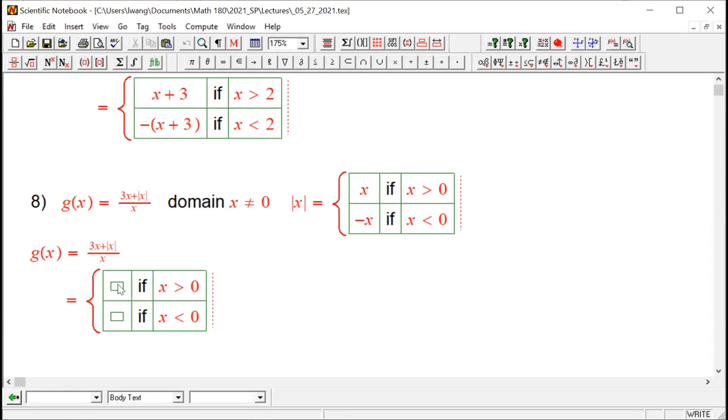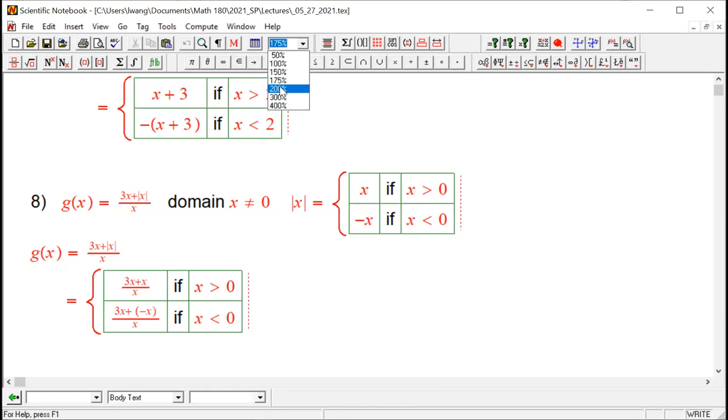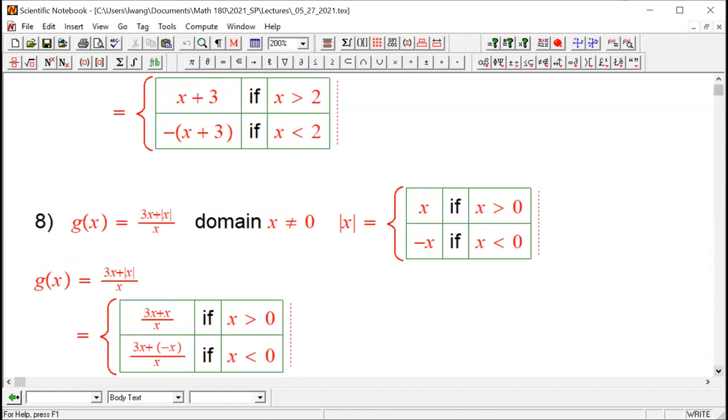In the greater than 0 case, the absolute value of x is the same as x. So this is x, and this piece is negative x. That's how it works. Do you see the process? Do you want me to do it over?